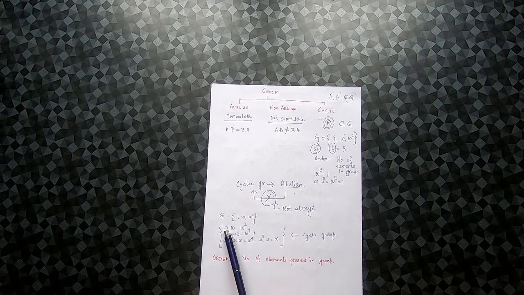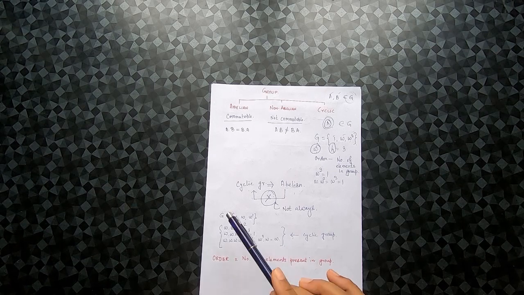So according to closure rule, omega into omega, that is omega square, is also a part of this group, which is true. That is omega square, it is there. Omega into omega square, which is also a product of two different elements in the group, that is omega cube. Omega cube equals 1, which is also a part of this group. And 1 or omega cube into omega means omega to the power 4, which is nothing but omega cube into omega, that is omega.